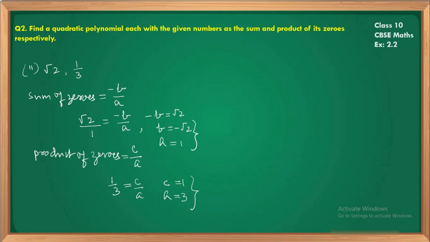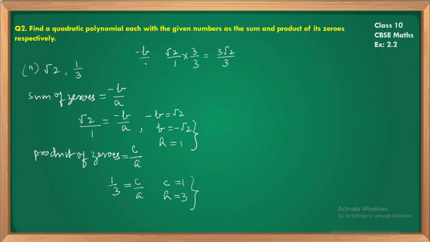You need to multiply 3 to root 2 by 1 so that you get a value as 3. Let us write down that root 2 by 1 into 3 by 3 is equal to 3 root 2 upon 3.